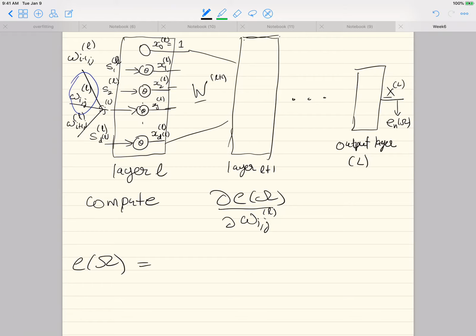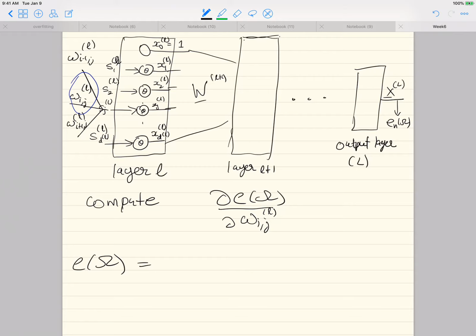We just look at the output value and the label associated from the training set. So E of omega is just a function of X of L and Y. Now let me go back. Of course, X of L is computed by the whole forward pass from the input all the way up to this layer. But let's say I make a cut in this network and I give you values here. I don't tell you anything in the past.